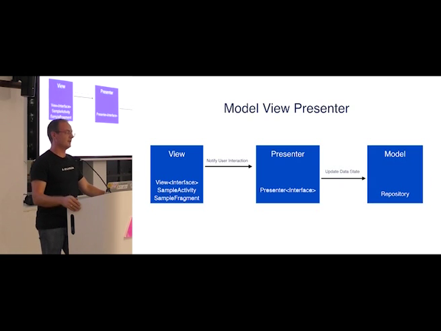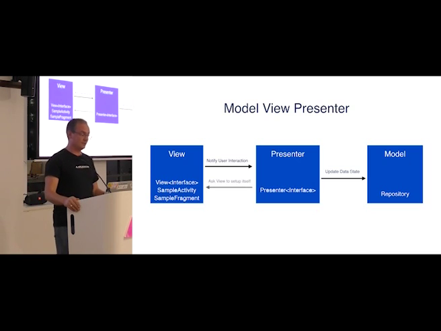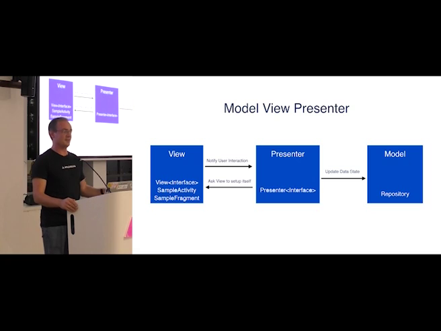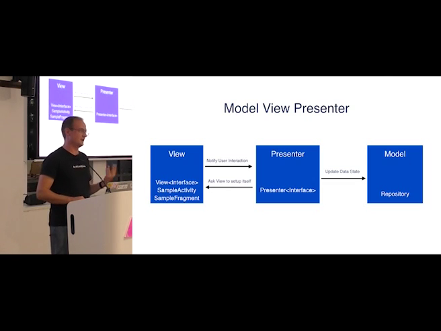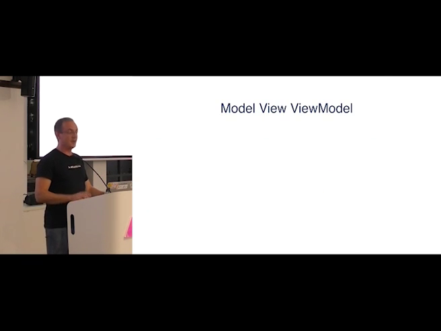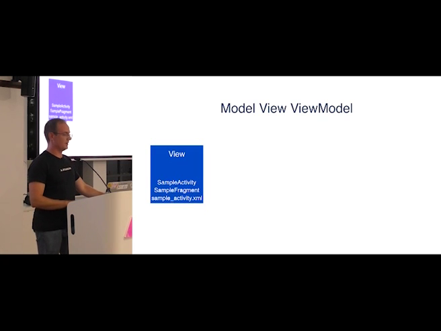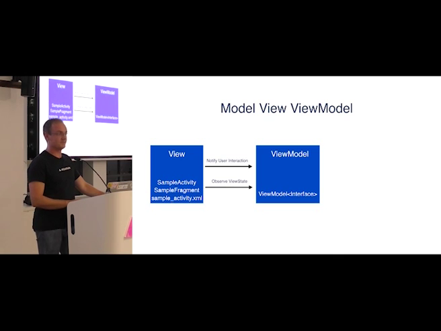And just as with the controller, the presenter serves as a man in the middle. But the presenter doesn't know about the exact implementation of the view, and that's why it asks the view to set up itself. So the view should be a little bit aware of how to set up itself, and this is how they are more decoupled or less coupled. In model view model, as I said before, the diagram is pretty much the same.